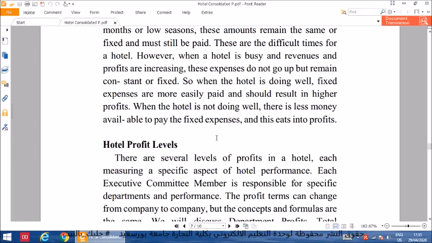When the hotel is not doing well, there is less money available to pay the fixed expenses, and this eats into profits.